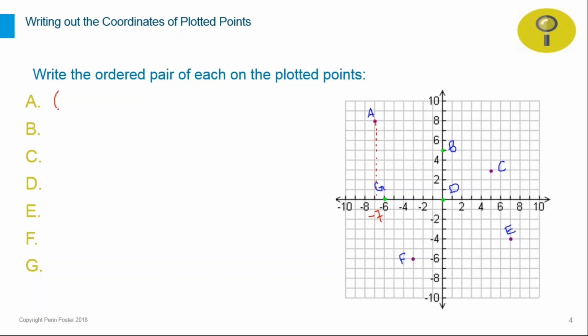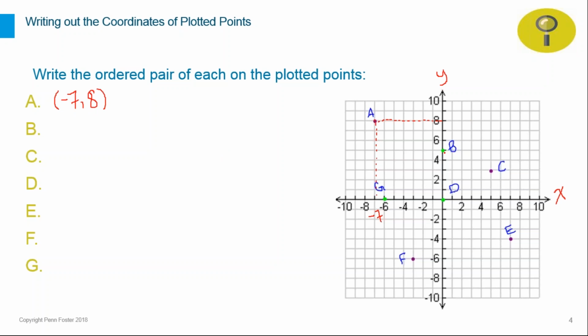So the x-coordinate of the point A, so far we know, is -7. The y-coordinate, the same story. I need to look where the point A meets with the y-axis. This is y, and that is x. So from the plane or the graph, we see it's an 8 for the y-coordinate.